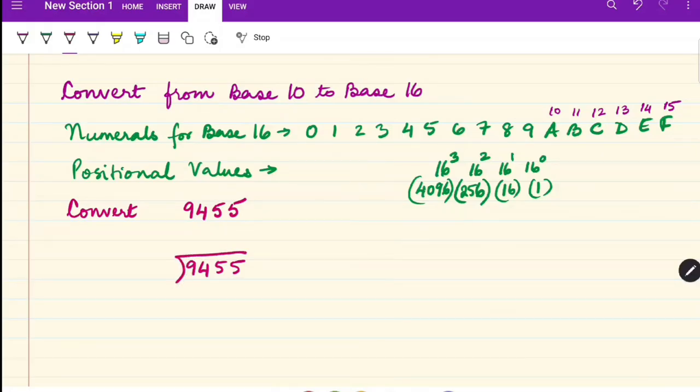So 9,455 divided by 4096 goes 2 times, with a remainder of 1263.